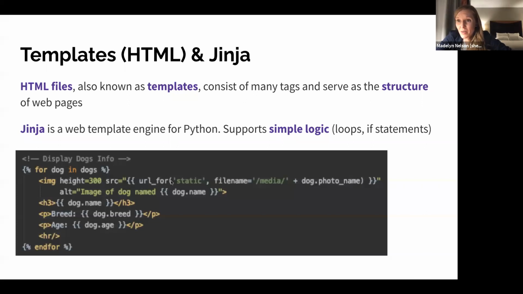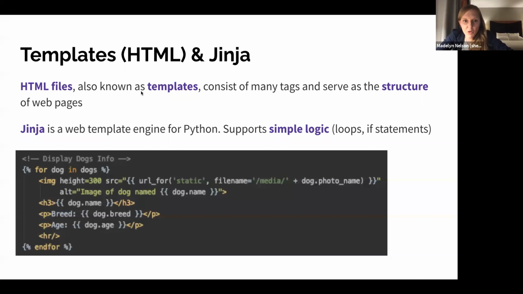Flask is kind of annoying in that way, but it is what it is. You can't just dynamically put in the source name. You have to point it specifically to the static folder. I'm not going to dive too deep into that, but if you run into that in your own Flask app, there are lots of great resources online on what the syntax should be and why it is the way it is.